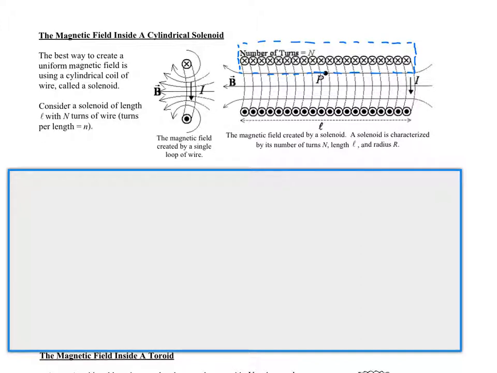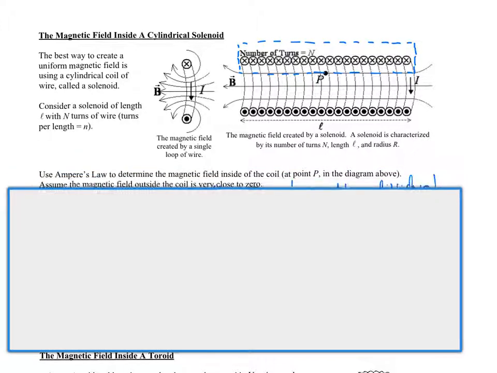So we're going to use an Amperian surface here. And let's look at some conditions. One important thing is to assume the magnetic field outside the coil is very close to zero.